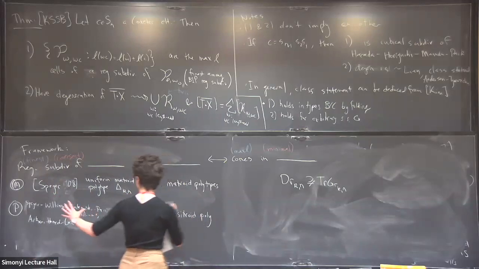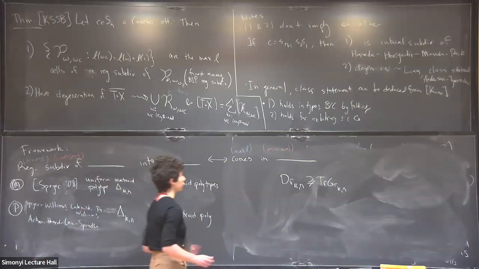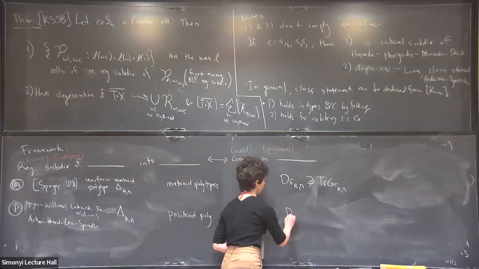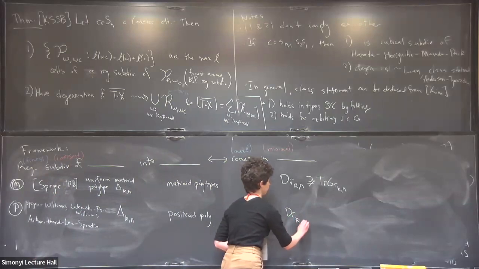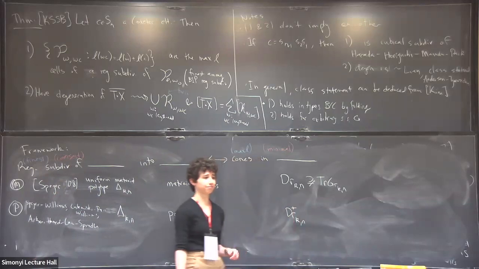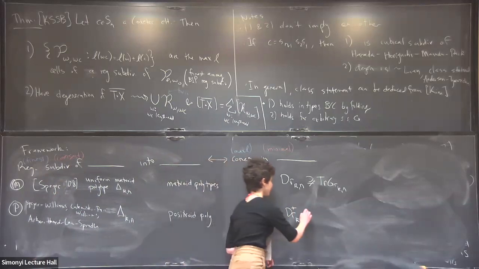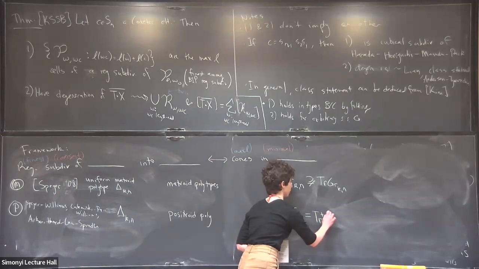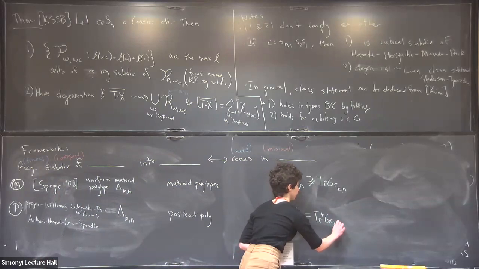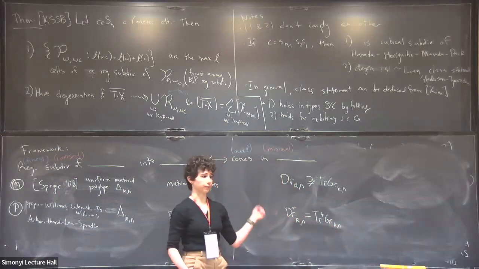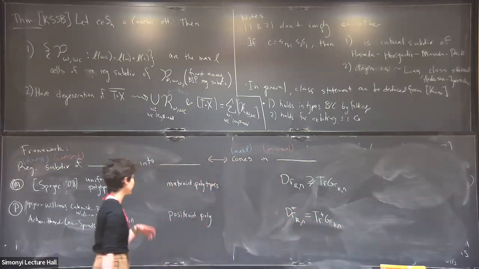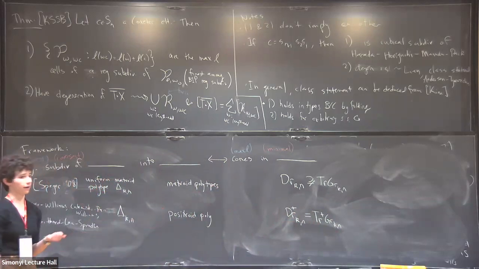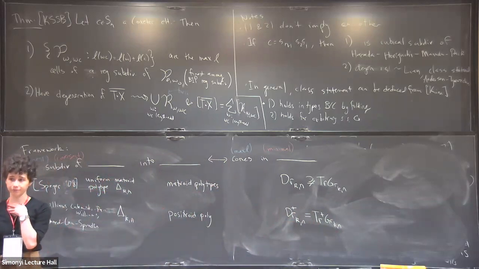They found that these subdivisions are in bijection with cones in something called the positive Dressian. And this nice thing happens where there's also a positive tropical Grassmannian, and these two things are equal. So all of these positroidal subdivisions of the hypersimplex are realizable.